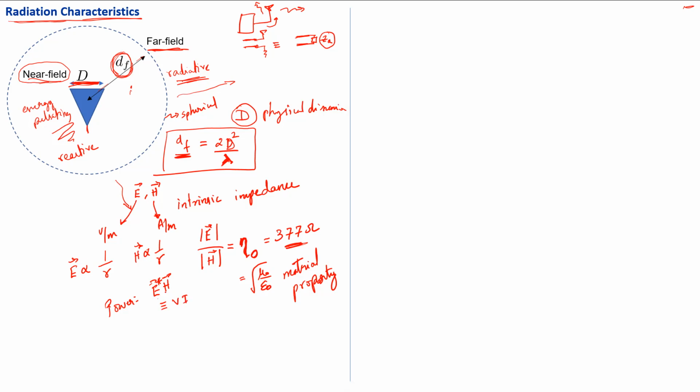Meaning the power in the far field is going to decay as 1 over R squared, meaning that as I move away from the antenna, my power decays as 1 over R squared.